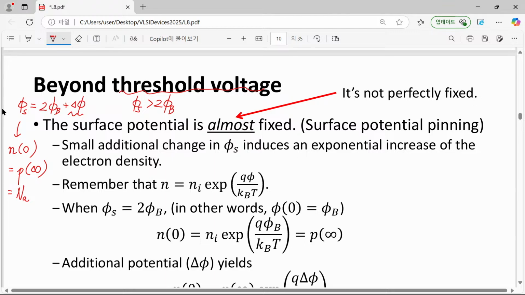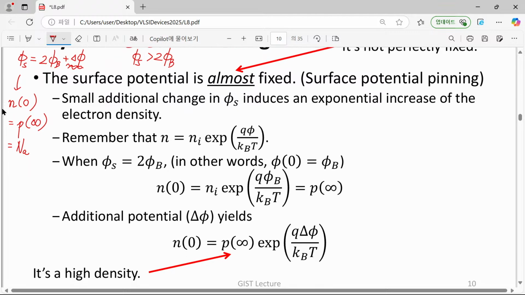Then what will happen? If we introduce this additional band bending to our energy band diagram, then what we can expect is that our electron density will be given by Na times exponential of delta phi divided by thermal voltage.